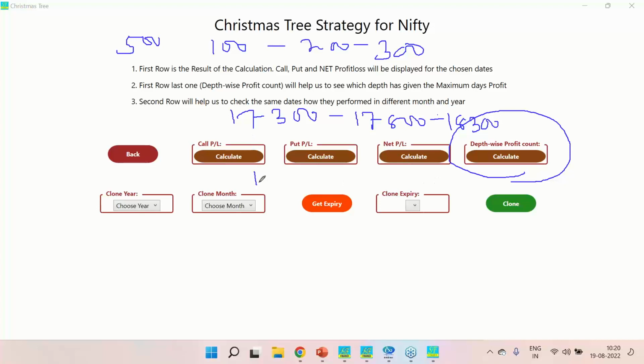If you form it at 100-point depth, it will be 17,300 call sell, 17,400 call buy, 3 lots, and 17,500 call sell, 2 lots. So we can form the same strategy with different depths: 50 point, 100 point, 200 point. Here we have given the most important feature to find out which depth has given profits and which depth has given losses.